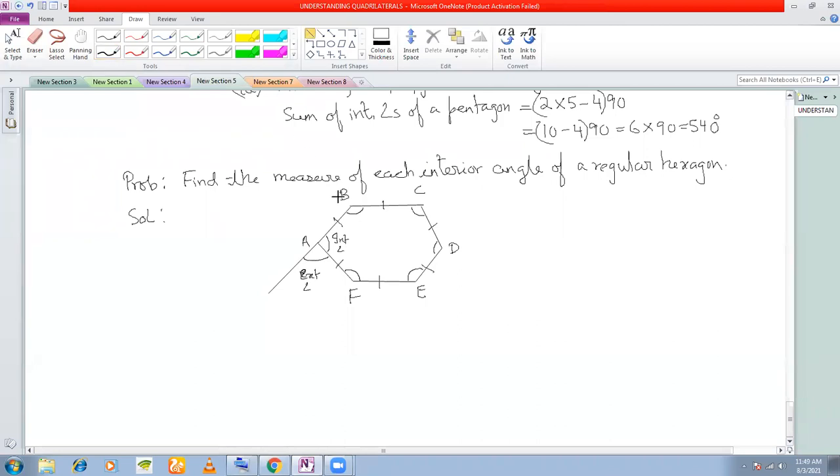Similarly, if I produce this side, this becomes an exterior angle, and this is an interior angle. If I produce this side, I'm going to get this as an exterior angle. Similarly, since a hexagon has 6 sides, you will have 6 interior angles and 6 exterior angles, right? So once we know the definition of interior and exterior angle, now we'll proceed to find out the measure of each interior angle.